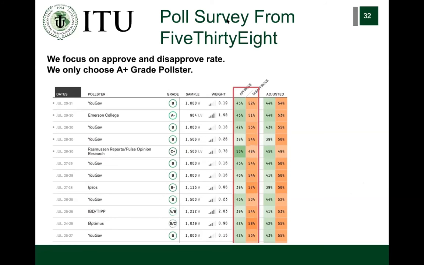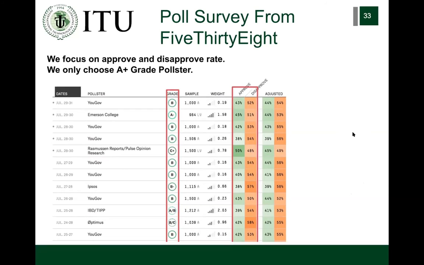These organizations are evaluated as A plus, which means the website agrees with their numbers and approves of their service.